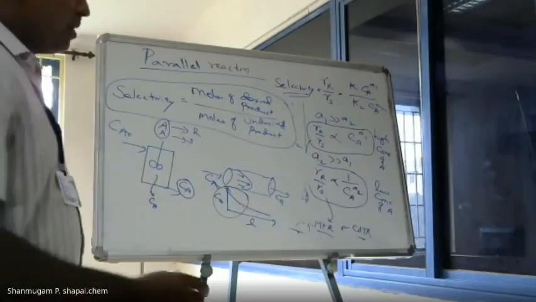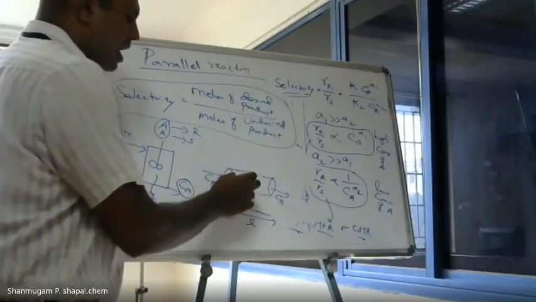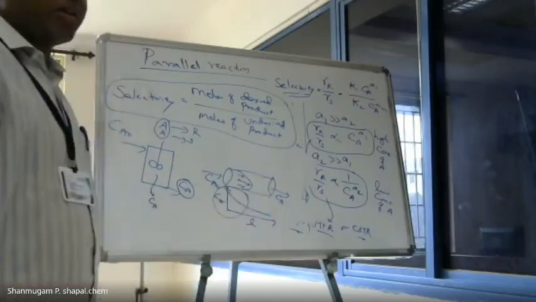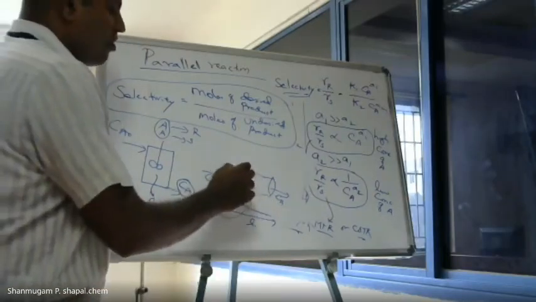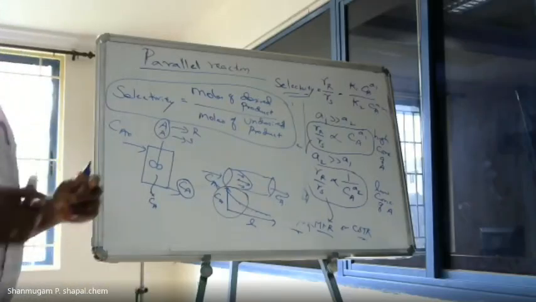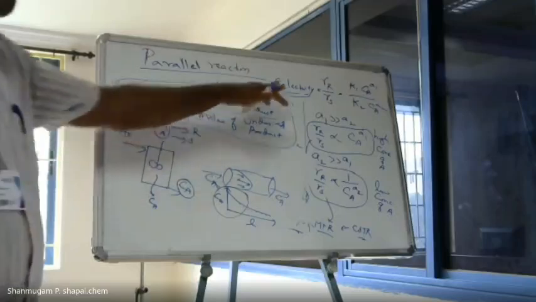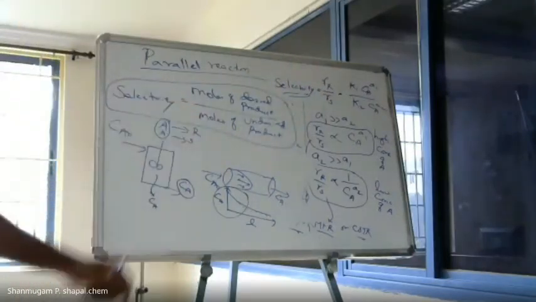So the concentration is high in some part, medium in some part, and low in some part. That means the concentration differs in the reactor. So in our case, you cannot simply state the selectivity overall.